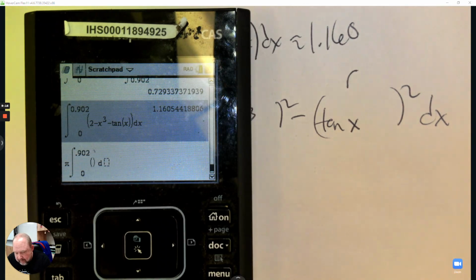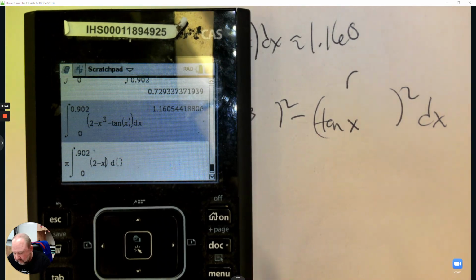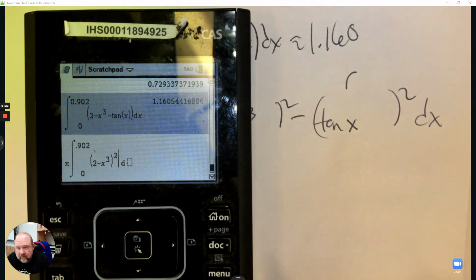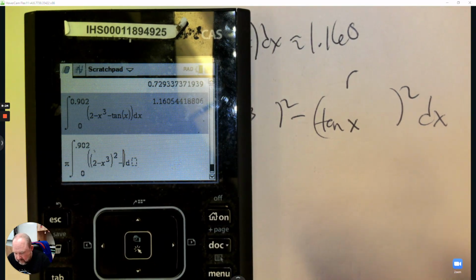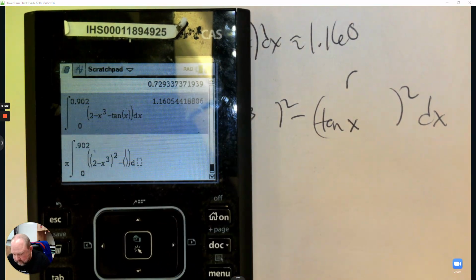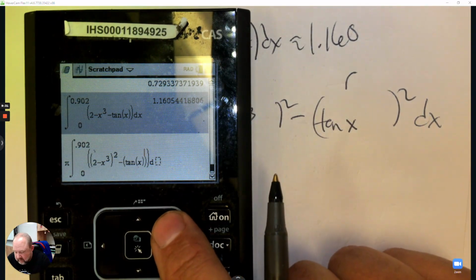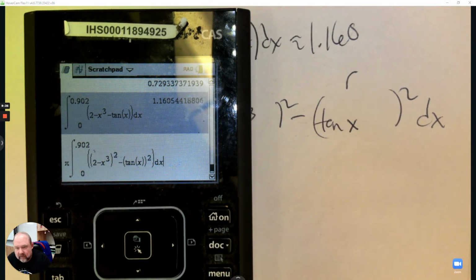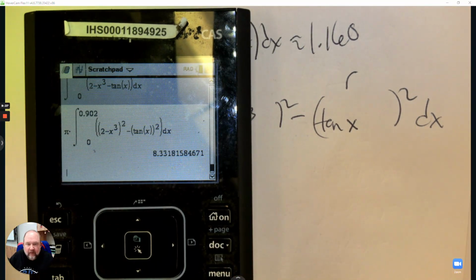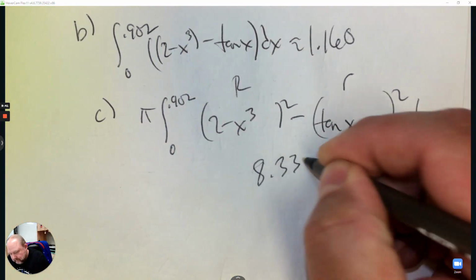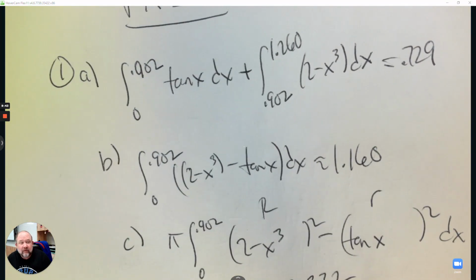Here, we're going to go 2 subtract x cubed, and I'm going to square it, subtract, parentheses, tangent, I'm going to square it, and then dx. And this will give me the volume. 8.331 or 2. And you did it. So there's question number 1 done.